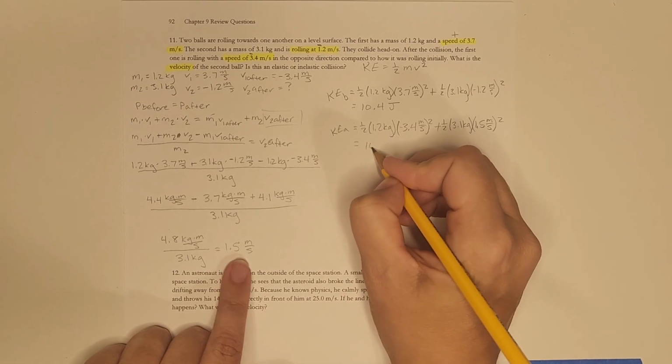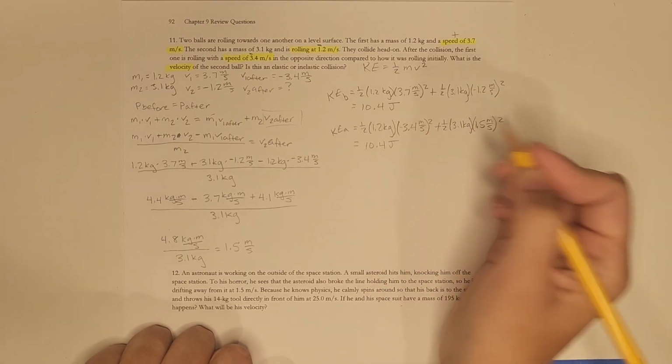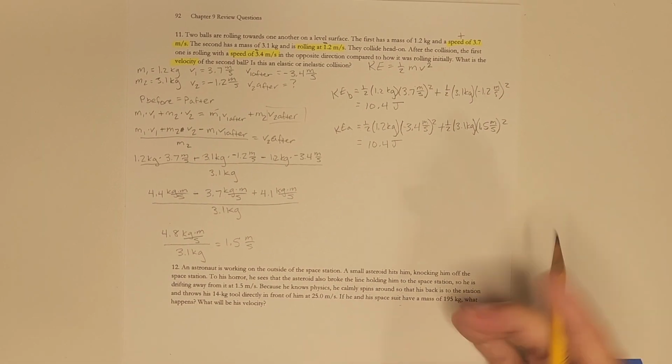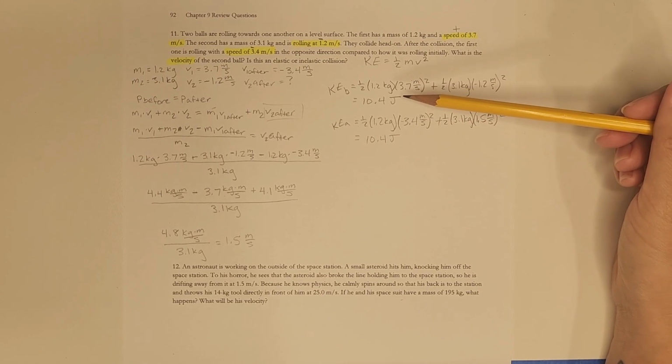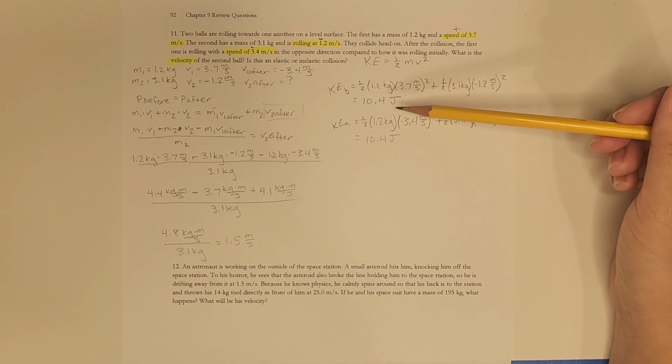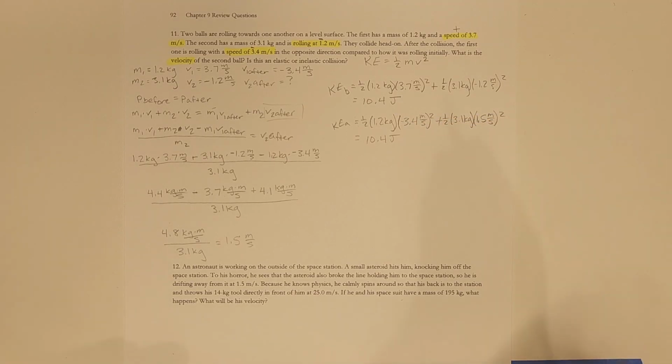And that comes out to also 10.4 joules. So this collision is in fact elastic because the kinetic energy is the same before and after the collision.